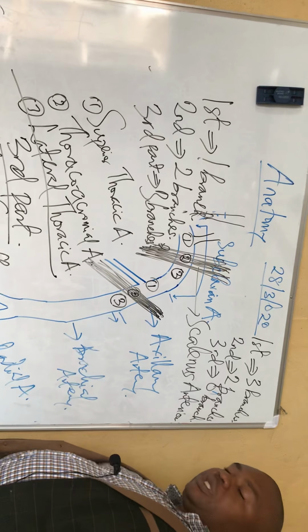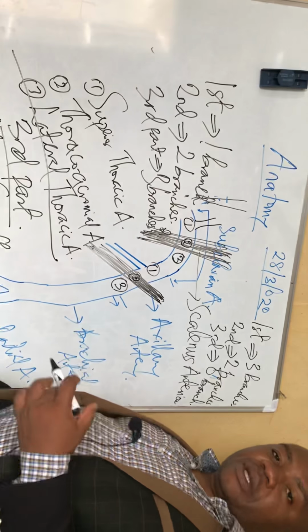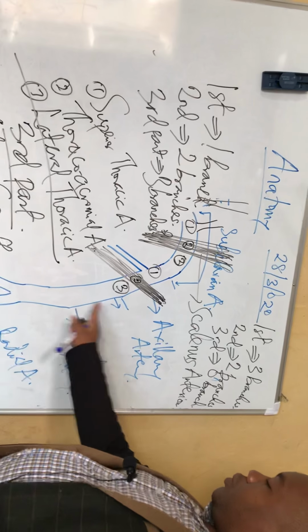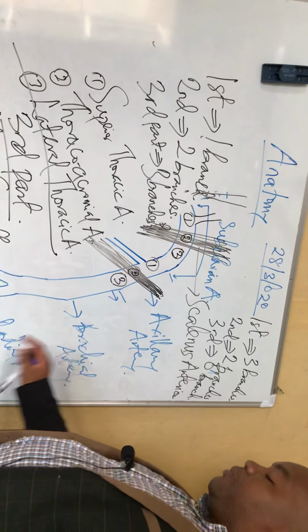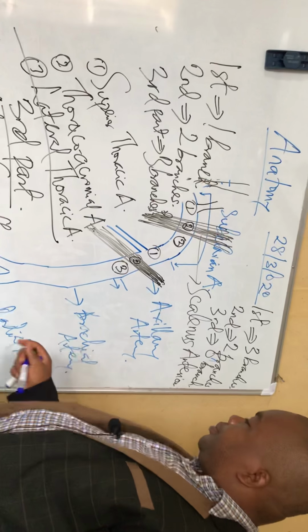Then we'll now move to the brachial artery. From the outer border of the teres major muscle, we now have the brachial artery. The brachial artery is the artery that runs in the arm.